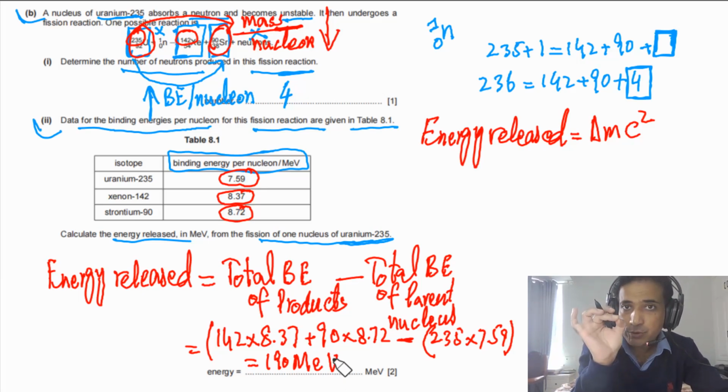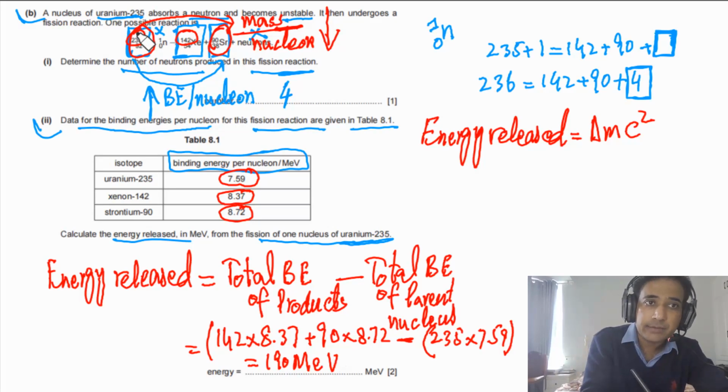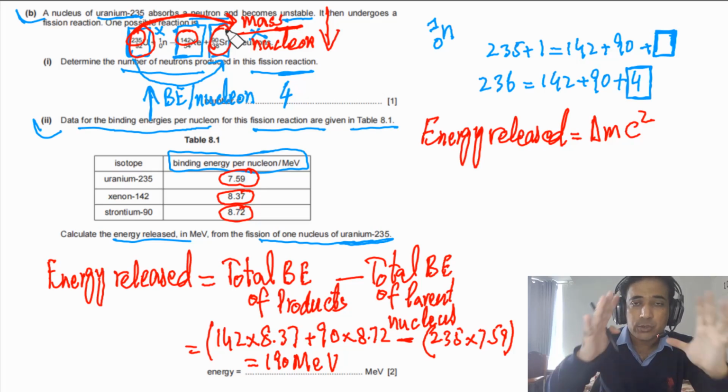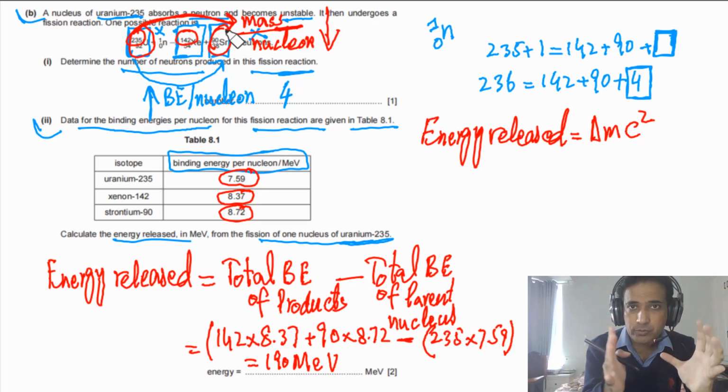Individual nucleons, meaning individual particles, do not have binding energy. Nucleon means particles in the nucleus. In any reaction, the mass per nucleon of the products is lower, or you can say the total mass of the products is lower.